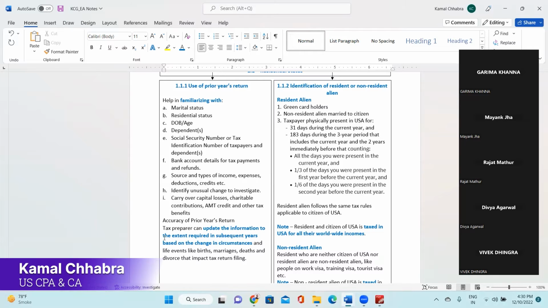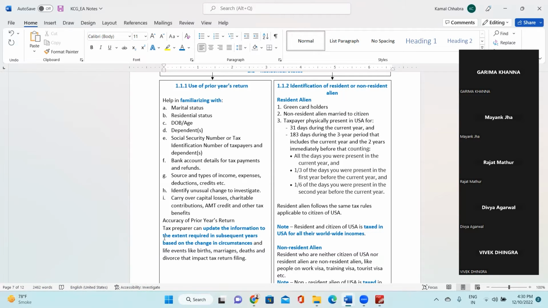Then you'll ask only specific questions rather than a whole lot of questions, as is required for a first-time filer. Make sense? Mayank, Rajat, Shubham?